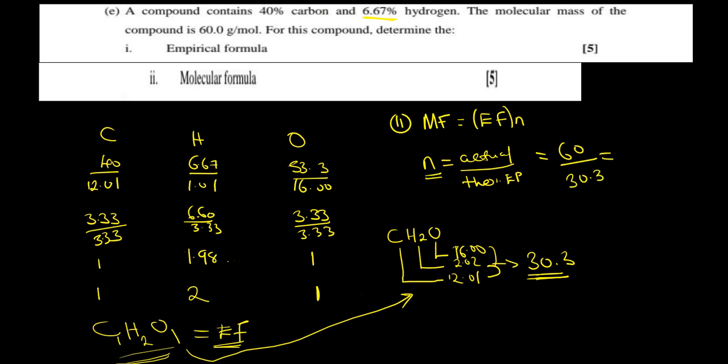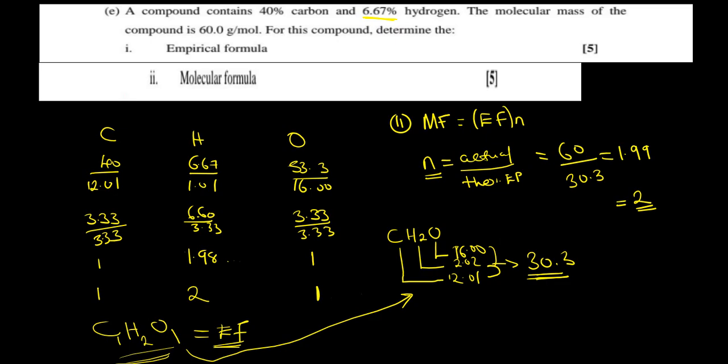When you divide like that, that will give us 1.99. For 8 and 9 you round off, so this will be just 2. All right, so we have found the n that we were looking for.